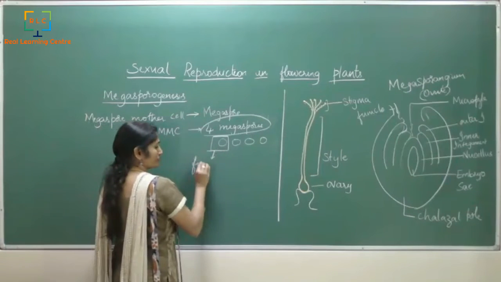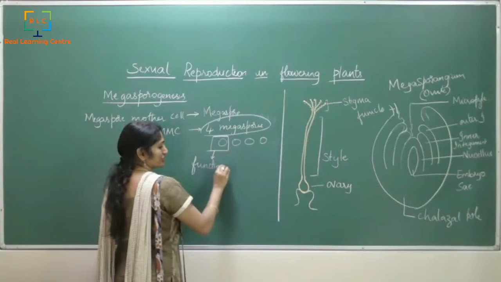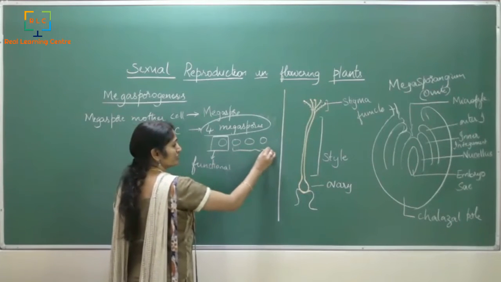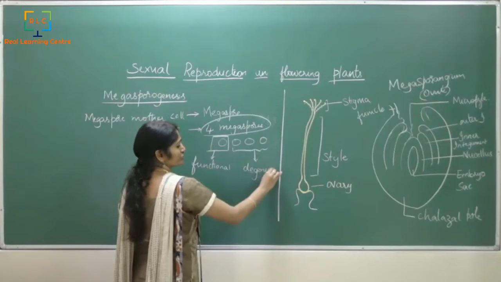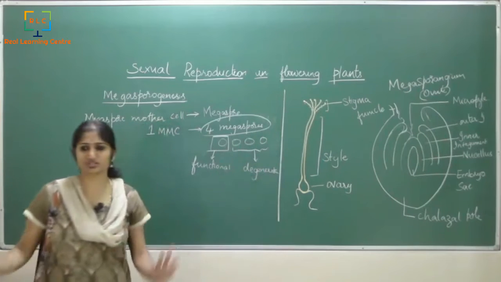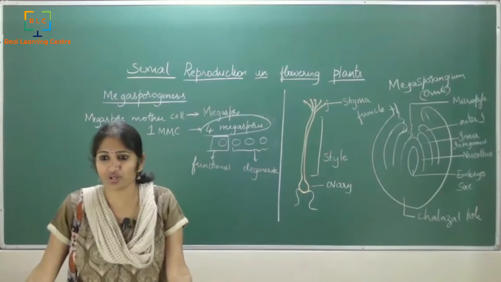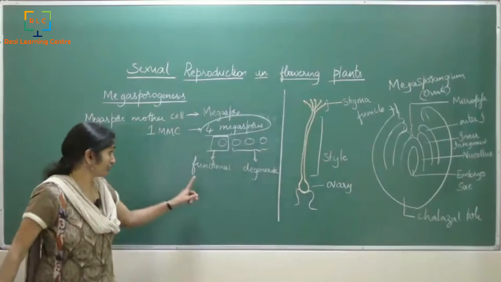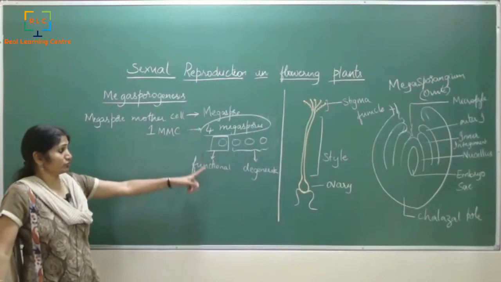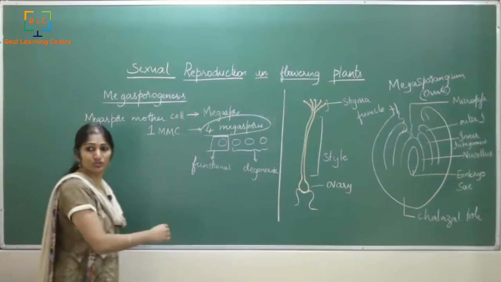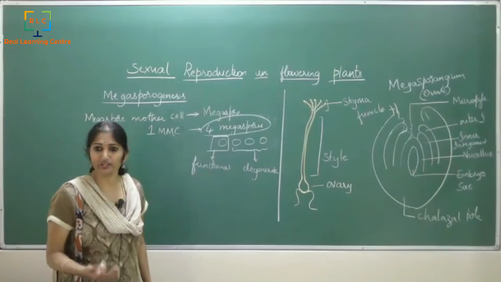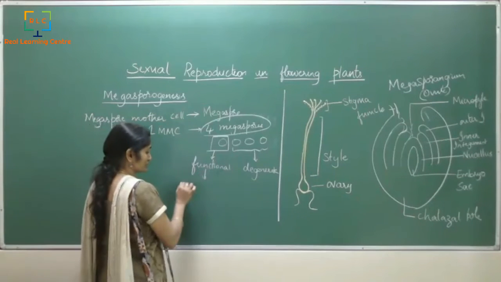Only one of them is functional, and the other three undergo degeneration. This one functional megaspore finally gives rise to the embryo sac.